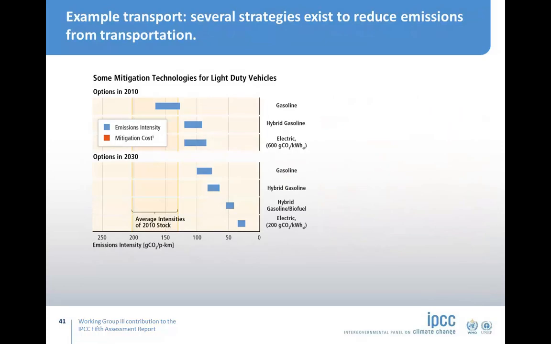So, if we look at the example of transport, there are several strategies that exist to reduce emissions from transportation. At the moment we've got gasoline, hybrid gasoline, electric. That's now in 2030: gasoline, hybrid gasoline, biofuel, and kind of clean electric.